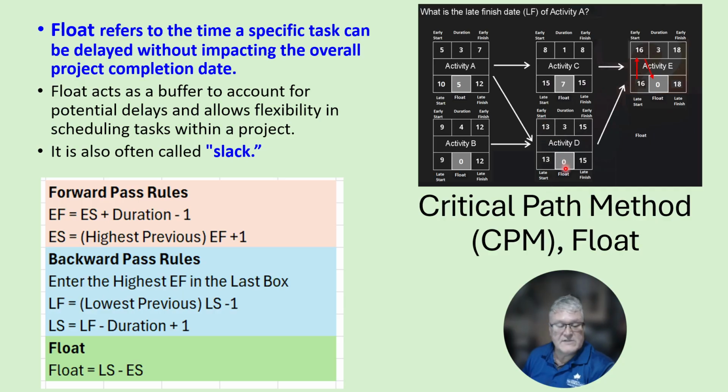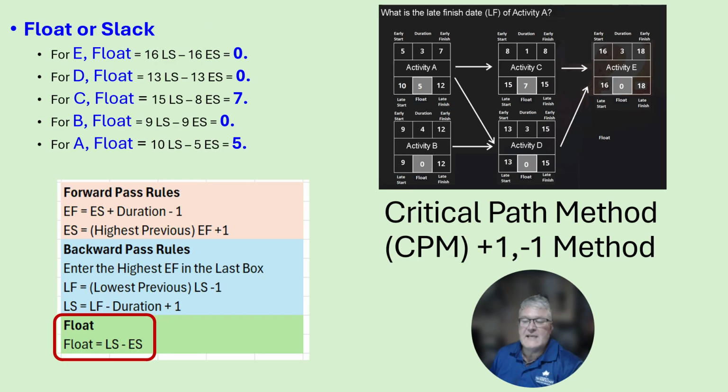That comes out to be 0. For activity B, we have 9 for our late start. We have 9 for our early start. That gives us a float value of 0. And then finally, for activity A, we have 10 as our late start. We have 5 as our early start. So 10 minus 5 gives us a float value of 5. What you're seeing here is just a summary in equation form of what I just discussed.